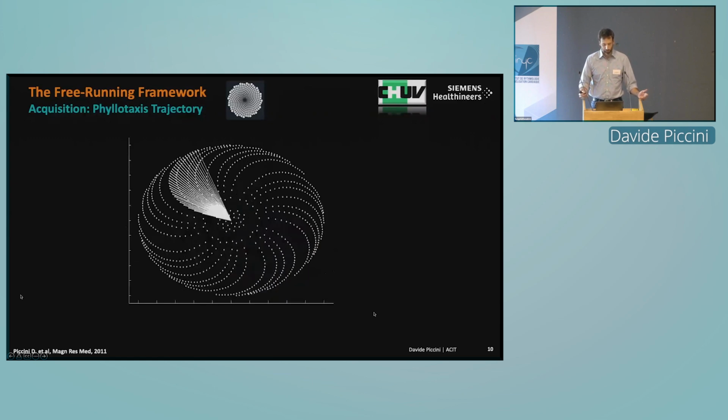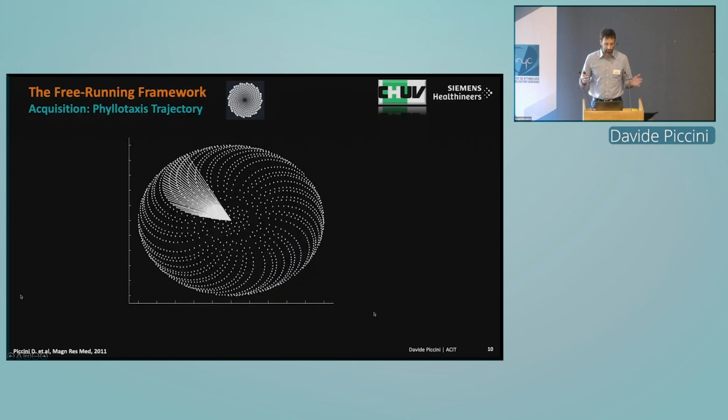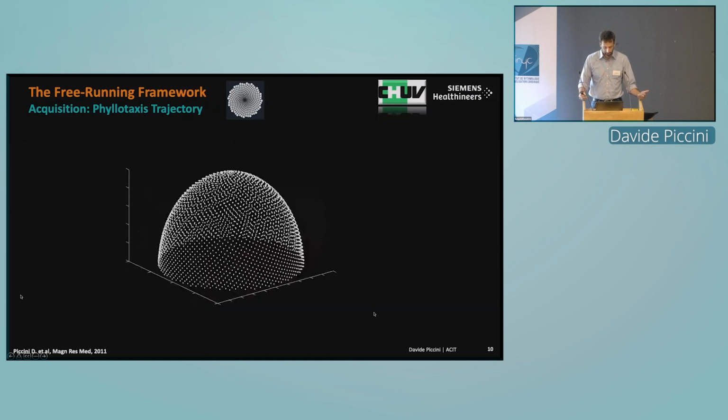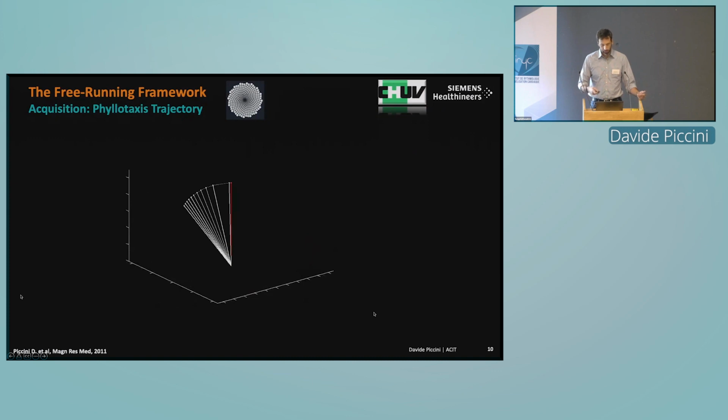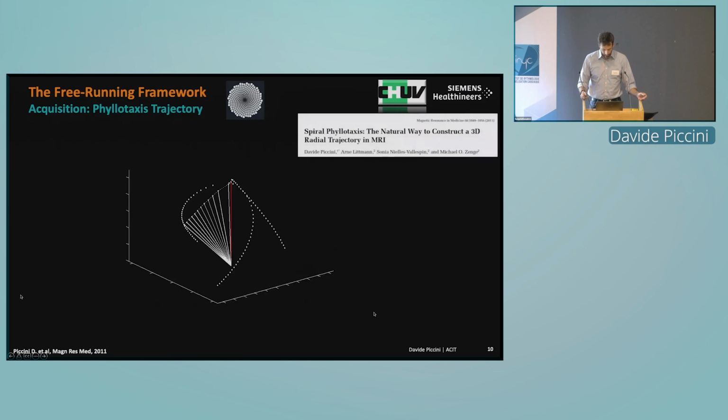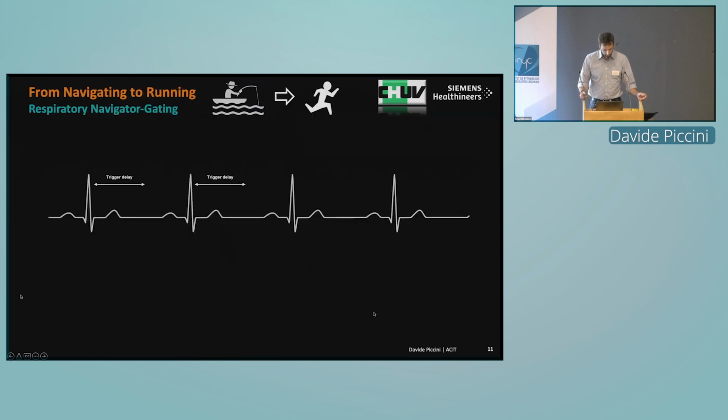And this rotates with the golden angle, so that any subset of this trajectory you take has a certain kind of spatial uniformity. And as you can see in this slide, the first readout of each of these interleaves is always the same, and we use that for navigation. And this is the paper of the trajectory.